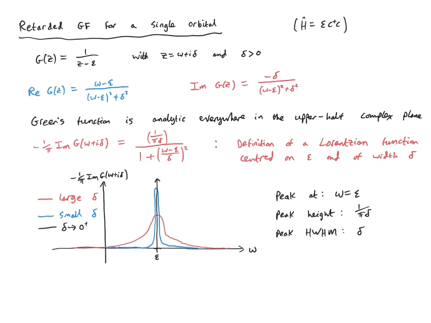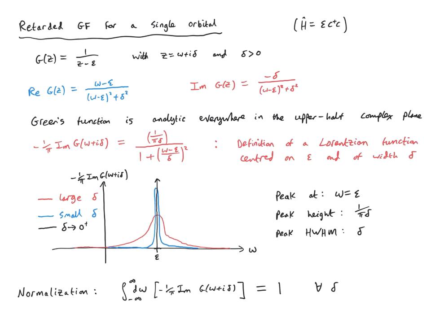In fact, as delta goes to 0 but remains infinitesimally positive, we'll see that this will turn into a delta peak, meaning that it has infinitesimal width and infinite height. In fact, the Lorentzian is a mathematically well-defined approximation to the Dirac delta distribution.